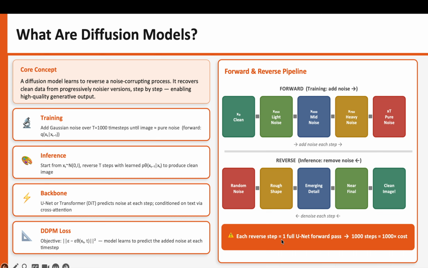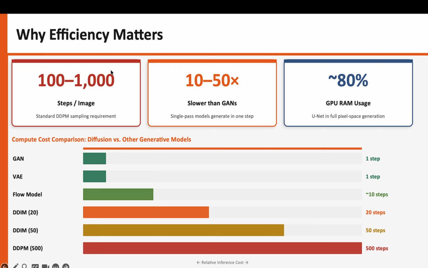Just how expensive is this? The three stat cards at the top of this slide tell the story. The traditional DDPM sampling requires 100 to 1000 steps per image. Next, diffusion models are 10 to 15 times slower than single-pass alternatives like GANs.